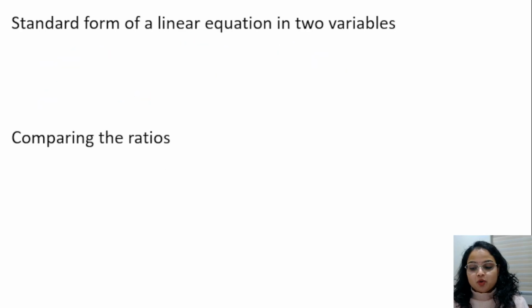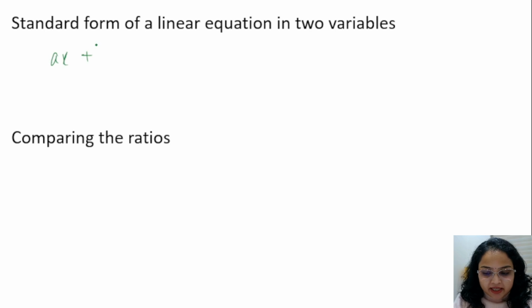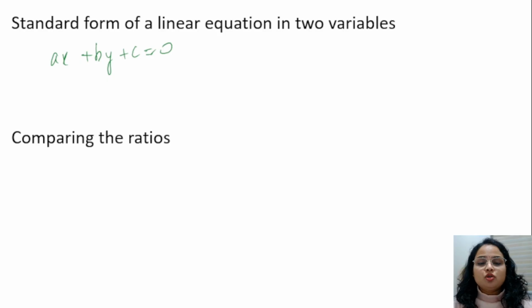What is the standard form of a linear equation in two variables? It is ax plus by plus c is equal to 0. This is also known as the general form of a linear equation. Here only one equation is given. If we have a pair of linear equations, what is the general form?